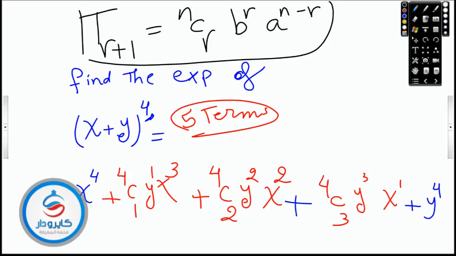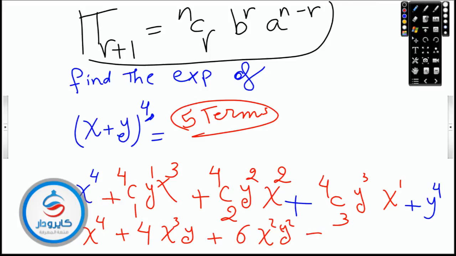So we have x power 4 plus 4c1 معناها 4 x power 3 y plus 4c2 equals 6 x power 2 y power 2 plus 4c3 احنا عارفين ان 4c1 equals 4c3 equals 4 ها x y power 3 plus y power 4.